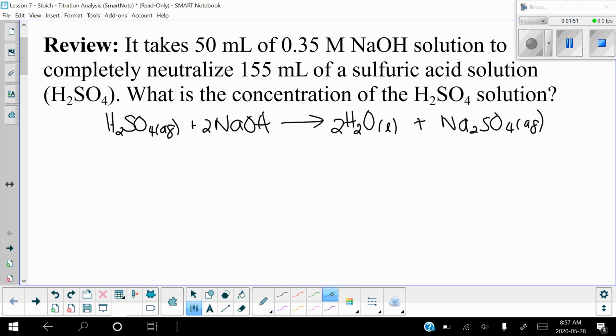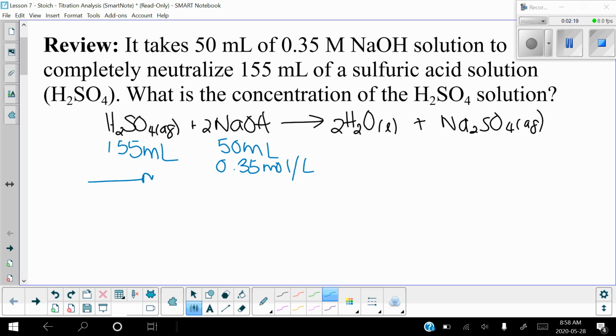We have 50 milliliters of NaOH with a 0.35 mole per liter concentration. I usually like to write moles per liter when I am doing stoich. And then the solution completely neutralizes 155 milliliters of sulfuric acid.